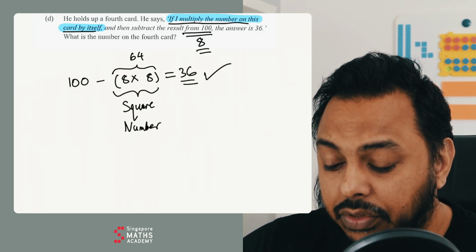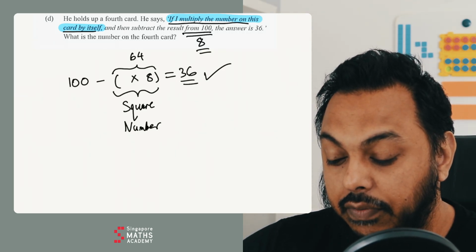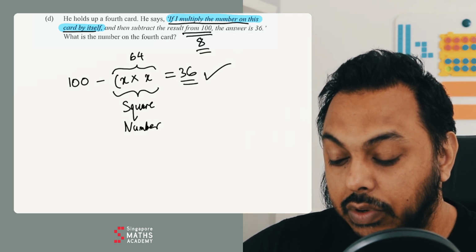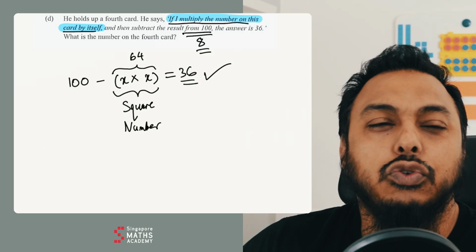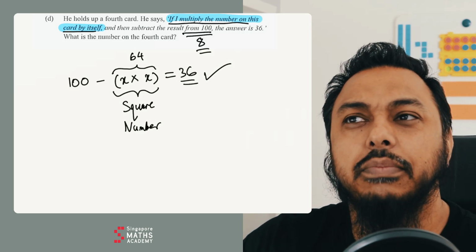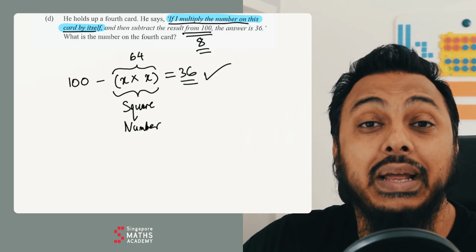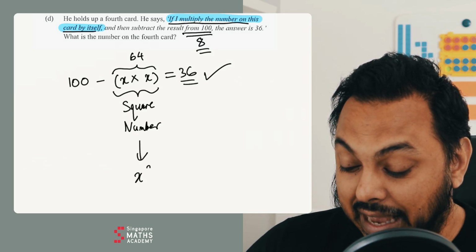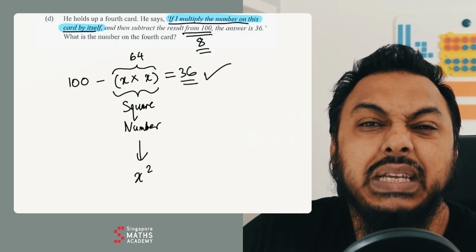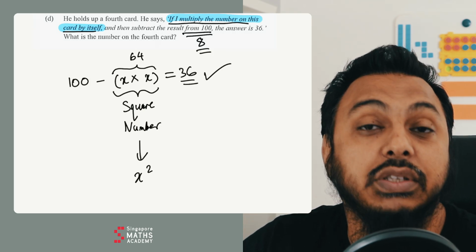So even though I've written x here, which is algebra, I'm only writing that there to make me realize that x times x must be a square number, right? Algebraically, we write x times x as x squared, which just means that I have a square number here.